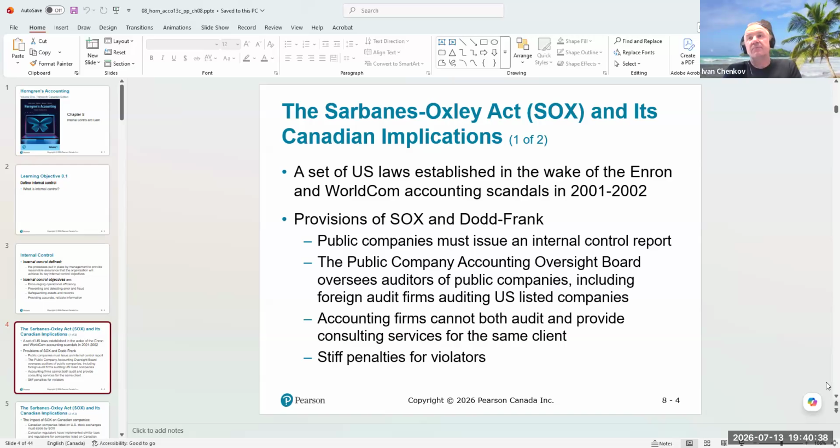The second thing that happened was Enron. Enron was an energy company in the US. What's interesting with an energy producer in the US is that this is the last thing that you ever think is going to collapse.